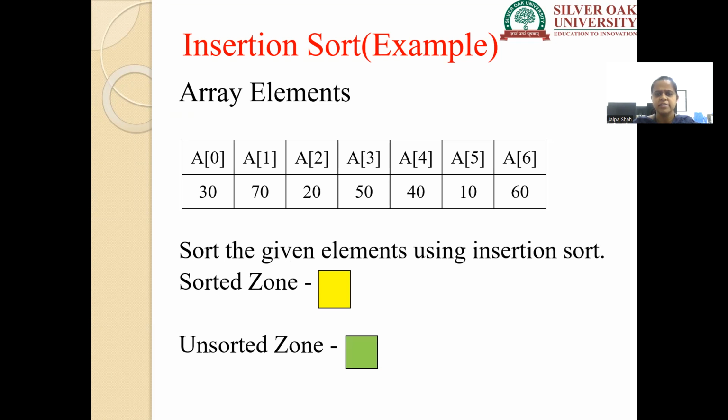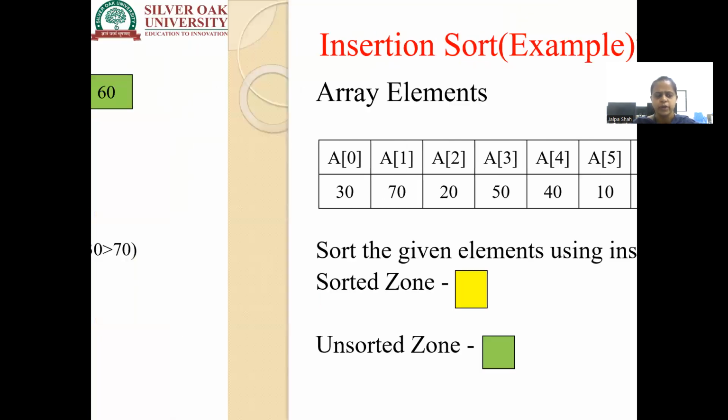So now let us start with the example of the insertion sort. The array elements that we are taking are 30, 70, 20, 50, 40, 10, and 60. Let us sort the given elements using insertion sort. Here, first of all, yellow color will represent the sorted zone, whereas light green shade will represent the unsorted zone.